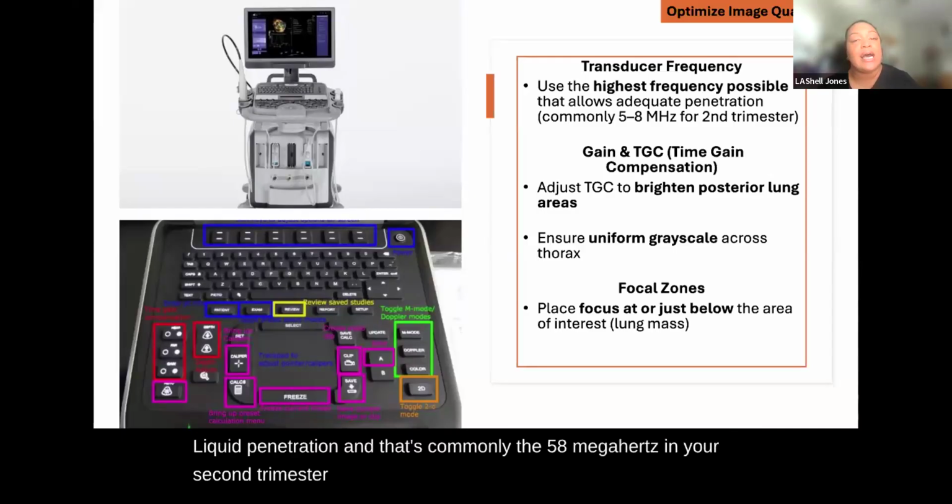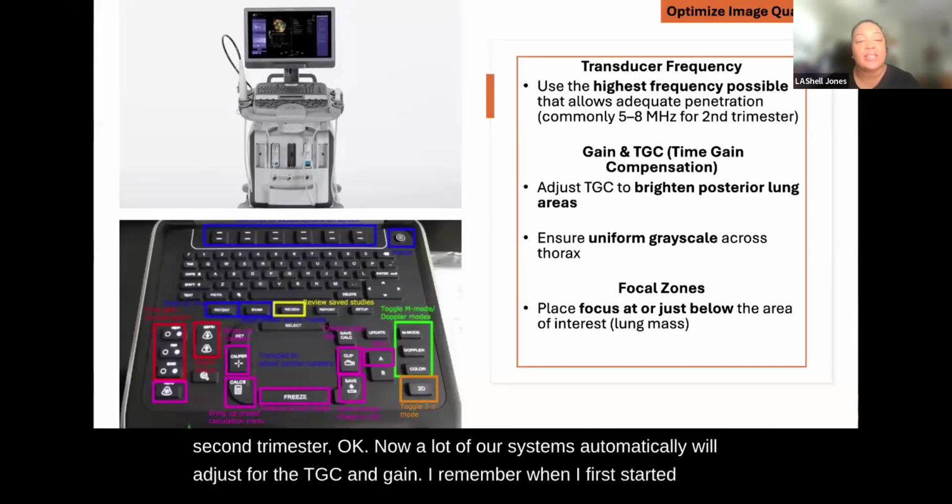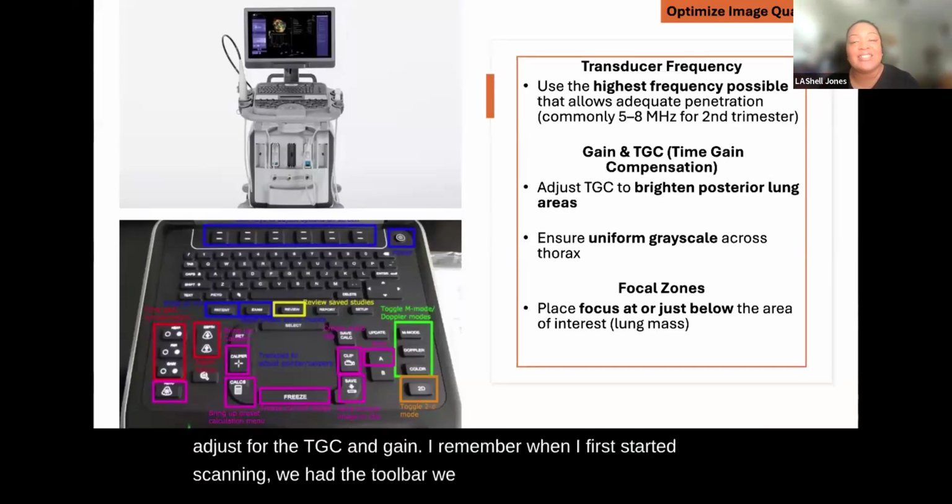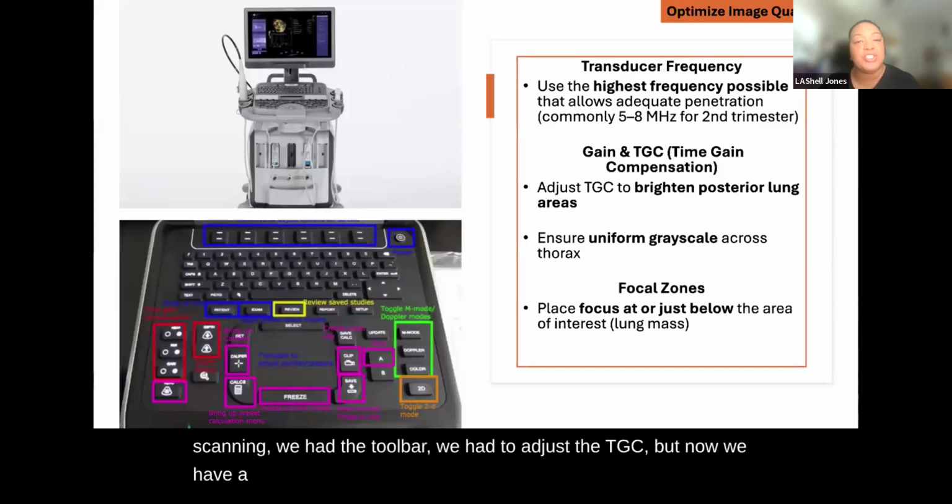Okay. Now, a lot of our systems automatically will adjust for the TGC and gain. I remember when I first started scanning, we had the toolbar, we had to adjust the TGC, but now we have a button that we can push. Usually my correct button will adjust the TGC for me.